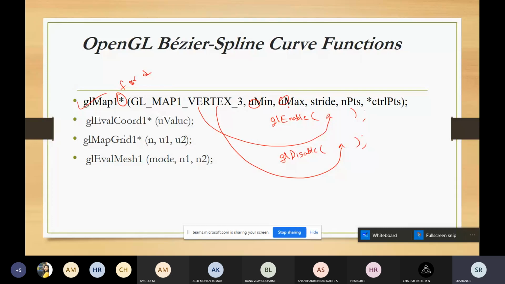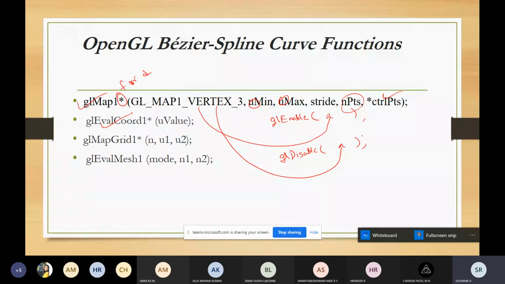So this is with respect to the parameters. The control points are given in this array called CTRL PTS, and the number of elements will be specified by using the positive integer parameter NPTS.